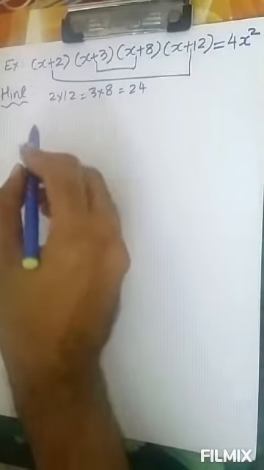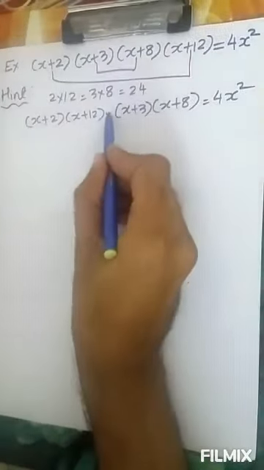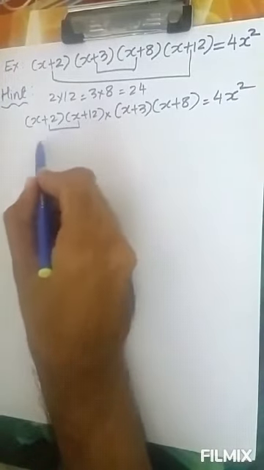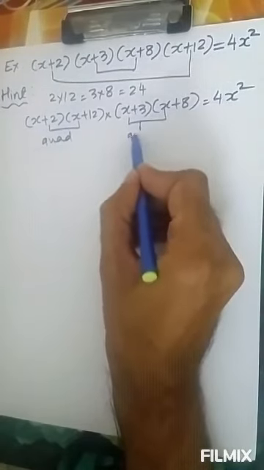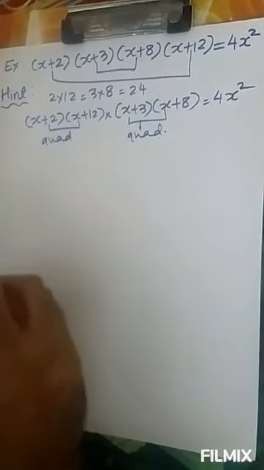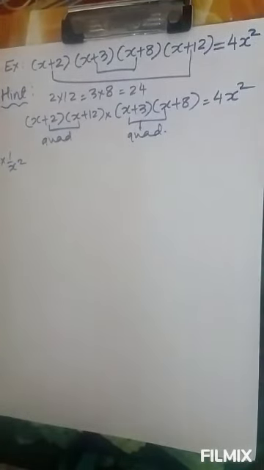So when you solve this, what happens in the next step is this. As I suggested, if you take these two, you will get a quadratic. If you take these two, you will get a quadratic. Now in the next step, you multiply by 1 by x square both sides.